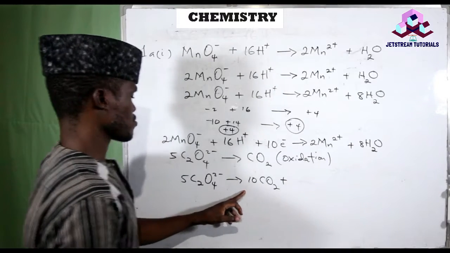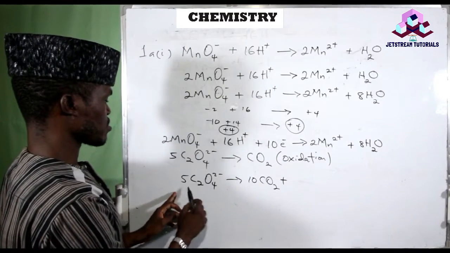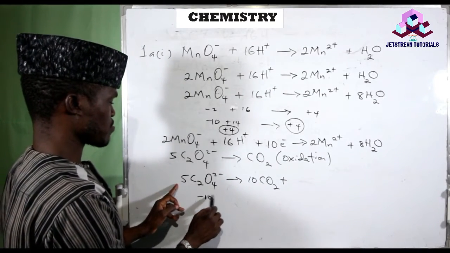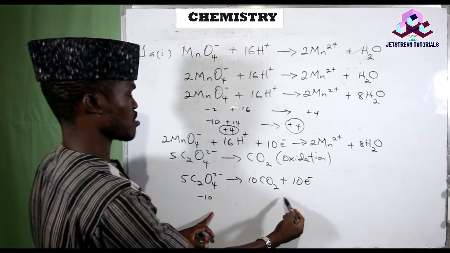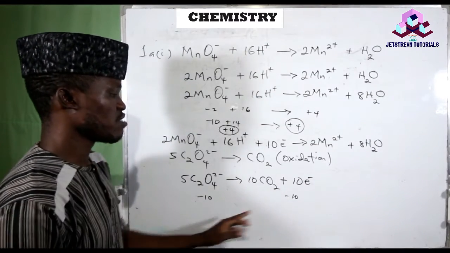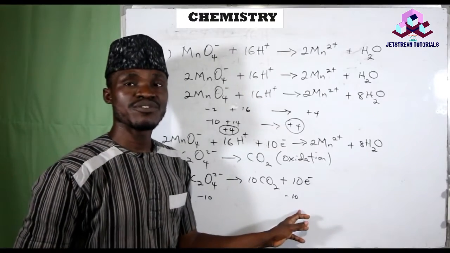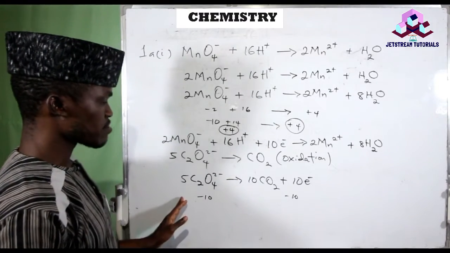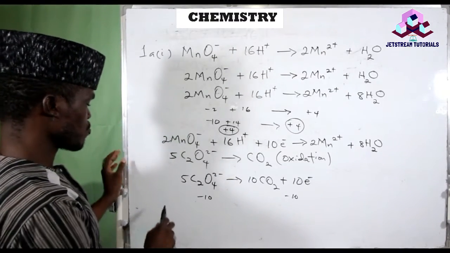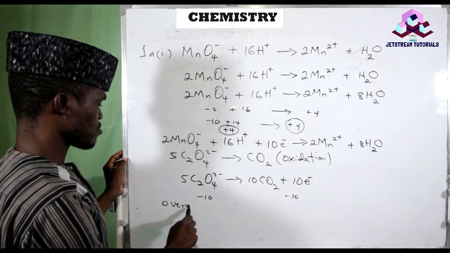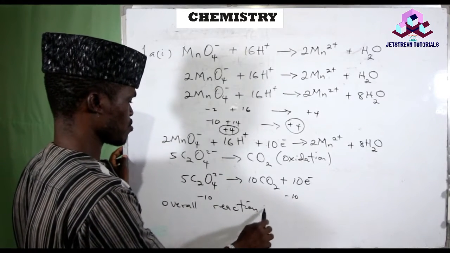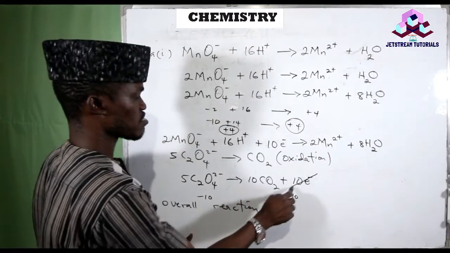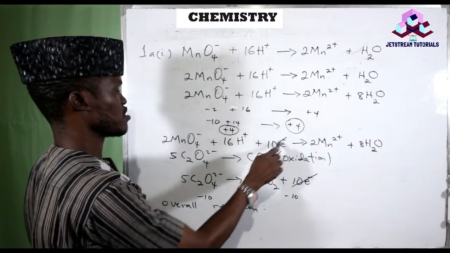Then look at the total charge here, which is minus 10. So definitely we are going to add 10 electrons here, so that our total charge here can also be minus 10. You understand? So in this regard, our equation is balanced. So we need to write down the overall reaction. The electrons cancel out.